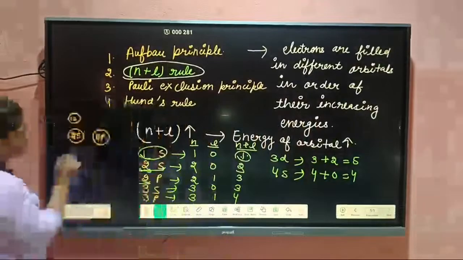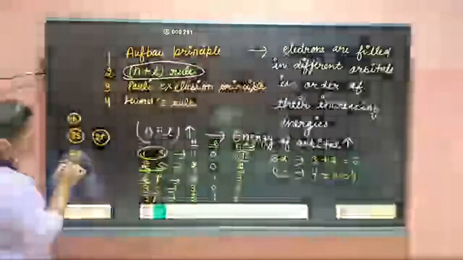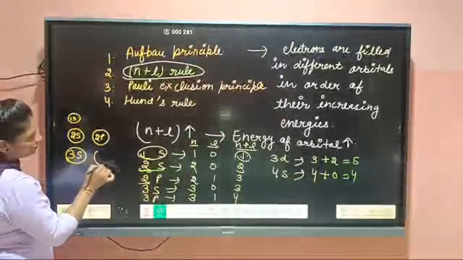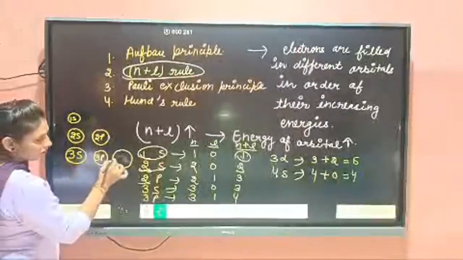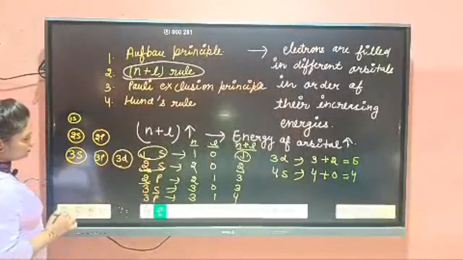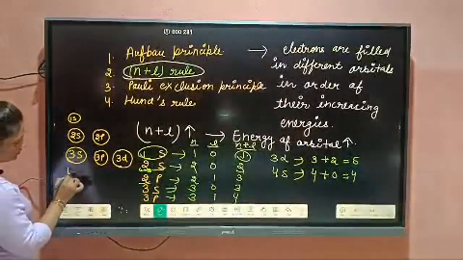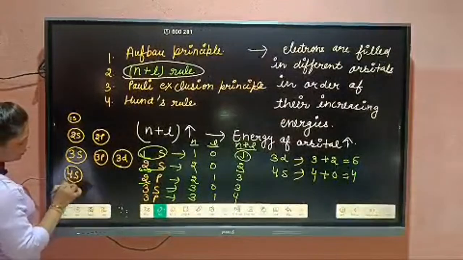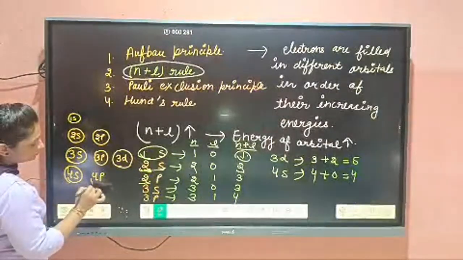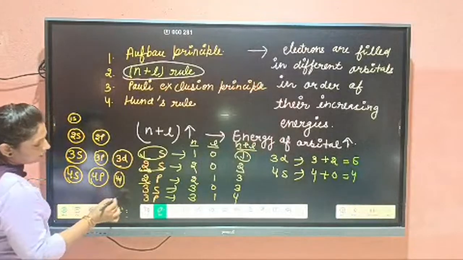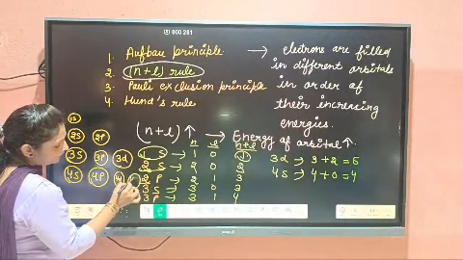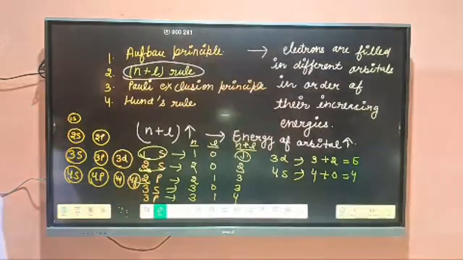Then 3s, then 3p. 3d exists. Then 4s, 4p, 4d, and 4f.